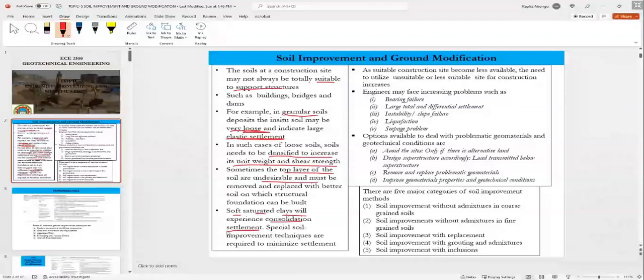Now, we may face a couple of problems with very loose soil or grounds that are not good.